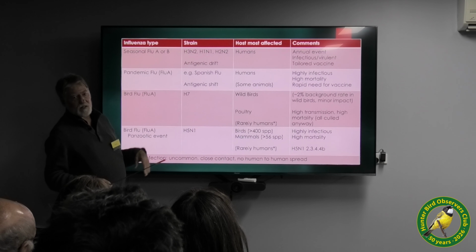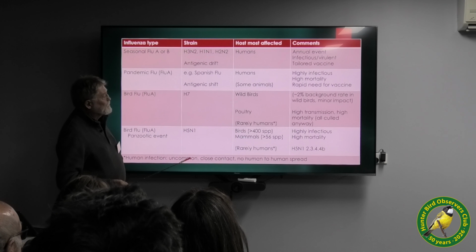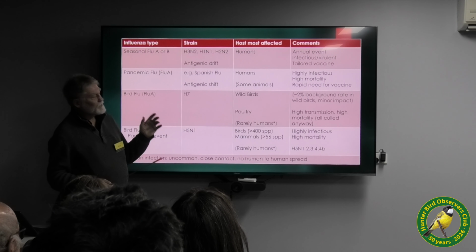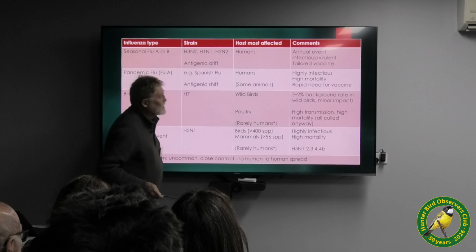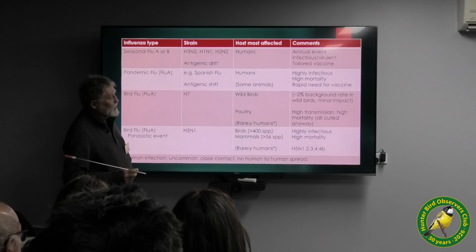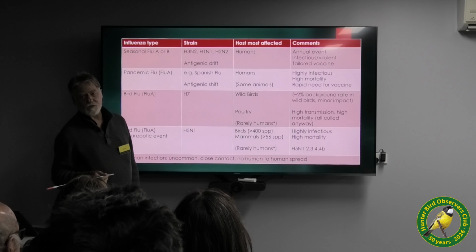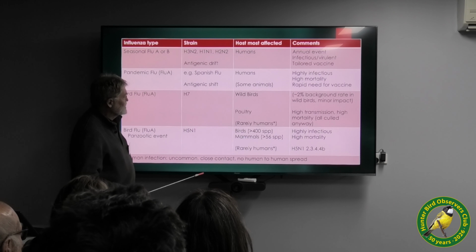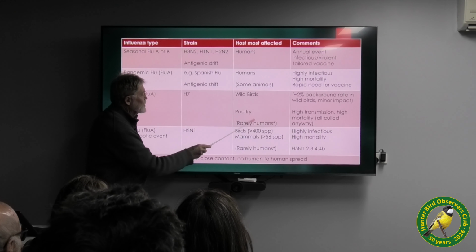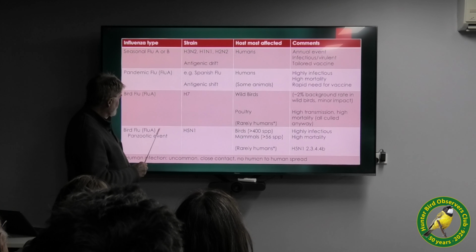That's from studies that have been done in Australia, but it doesn't seem to affect them too much. In poultry, it's highly transmissible, and I say it's got a high mortality rate because the method of treatment is cull, so you've got 100% mortality rate. Rarely in humans, I'll come back to that in a second.